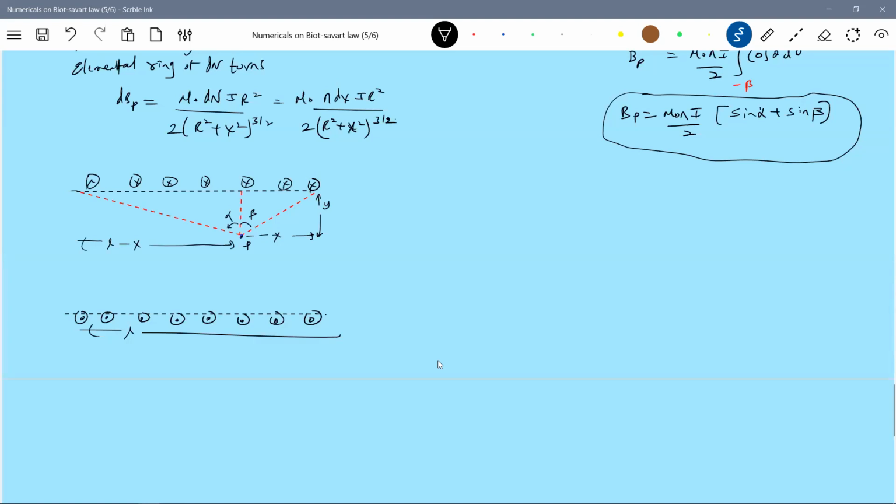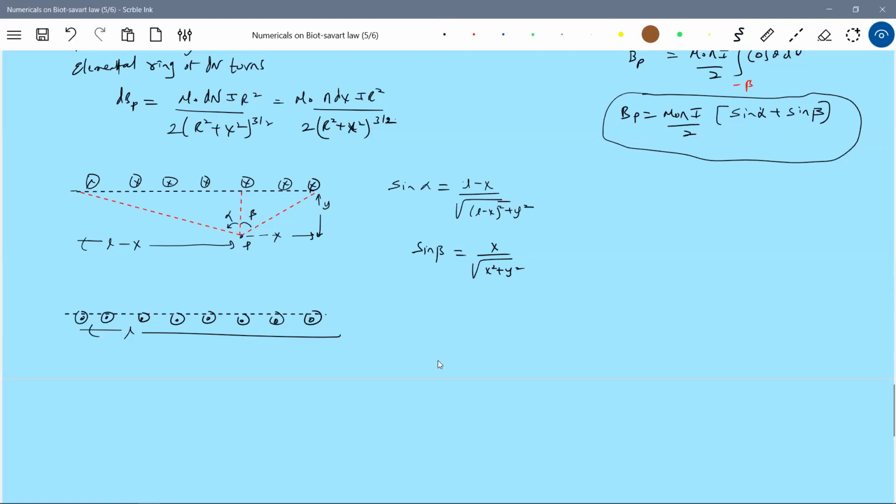Sine alpha you define as L minus x by root of (L minus x) square plus y square. What about sine beta? Sine beta will be x by root of x square plus y square. So by moving the point P anywhere, you find alpha and beta, and you substitute them here.